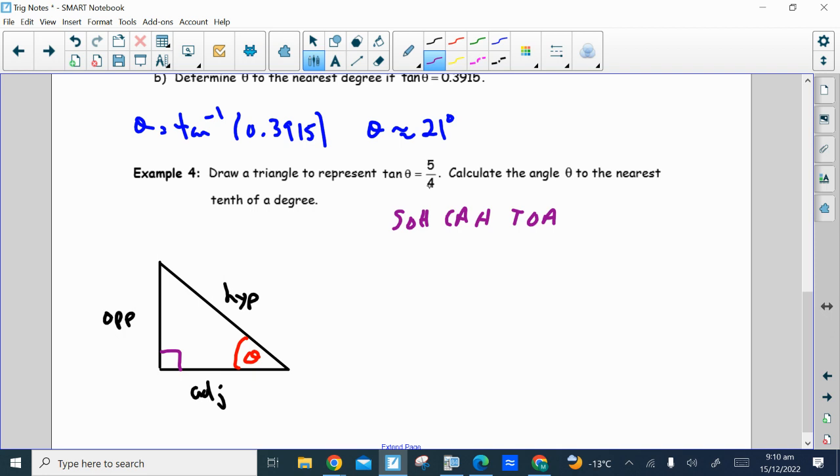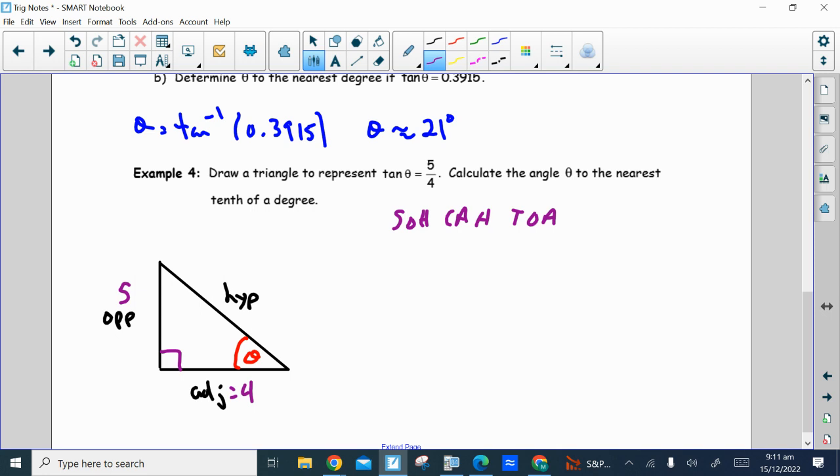This ratio of 5 over 4 has the 5 on top. That's the opposite. It has the 4 on the bottom. That's the adjacent side. So for the triangle that I've drawn and for the angle theta that I've designated in that bottom right-hand corner, the side across from theta must be 5. The side that's beside theta has to be the 4 because tangent is opposite over adjacent.